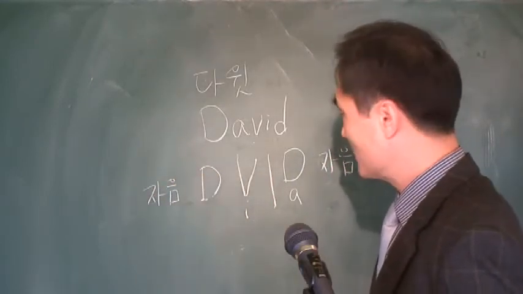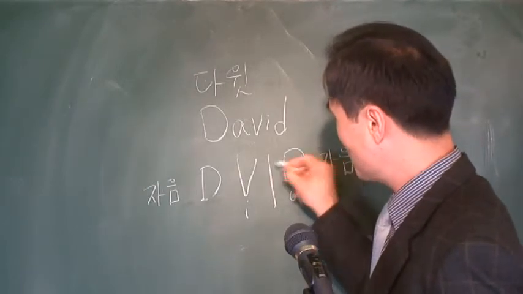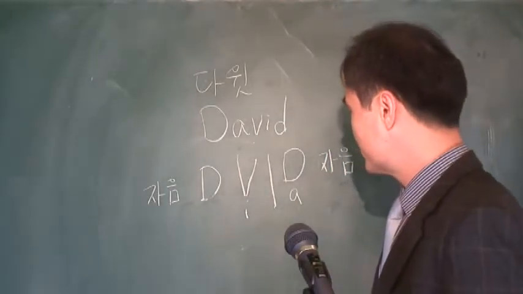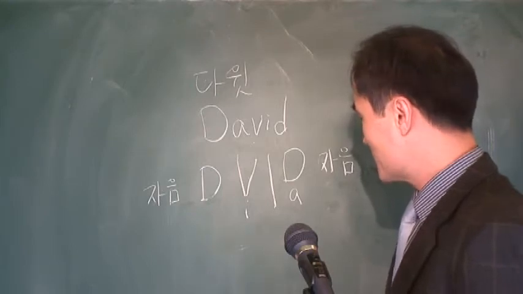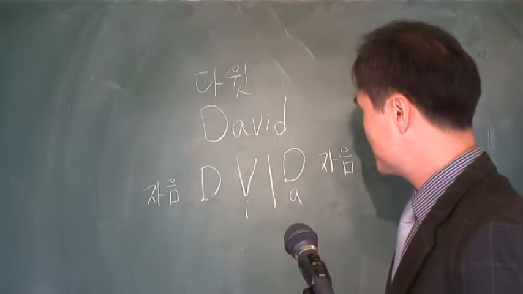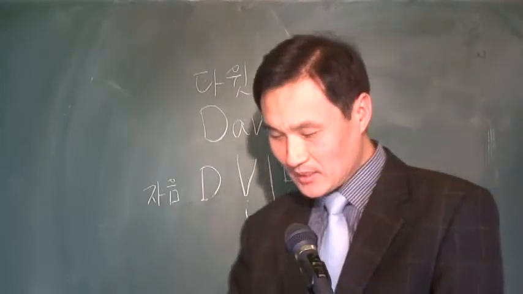V and D are also consonants. Here, the word is purposely written from right to left, as Hebrew words are written. The vowels are written under the consonants.